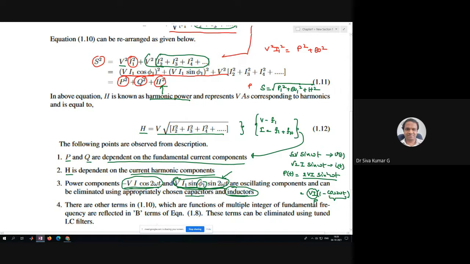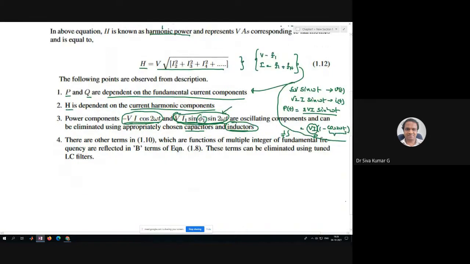And when you take the average of this, 1 by T integral, I am talking about this particular equation, P is equal to 1 by T integral of VI times 1 minus cos 2 omega t from 0 to T. This equation gives VI only.